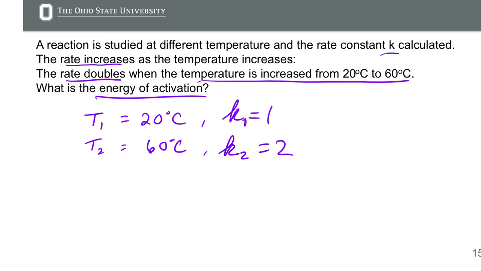Again, Arrhenius equation. We're solving for E sub A. Make sure you're using temperature in Kelvin. There's a conversion there. And when you're solving for the activation energy, watch your units, okay?